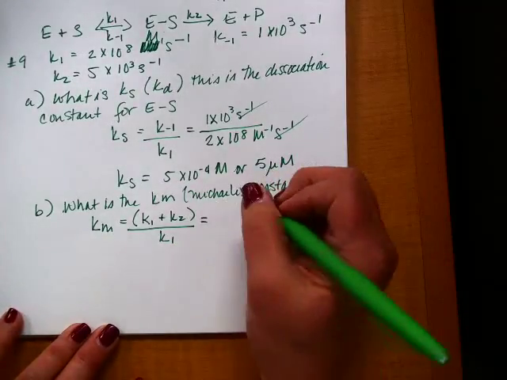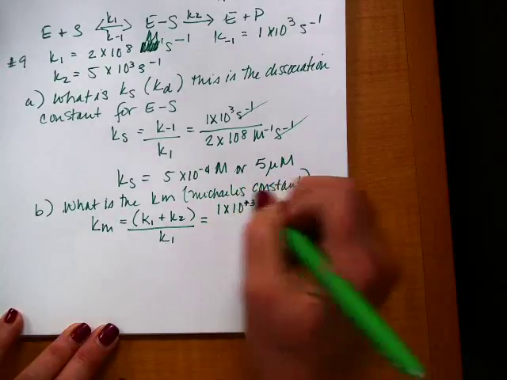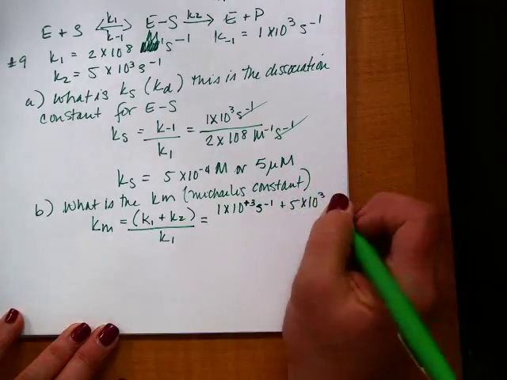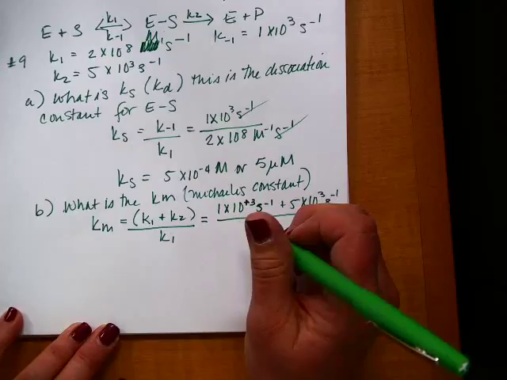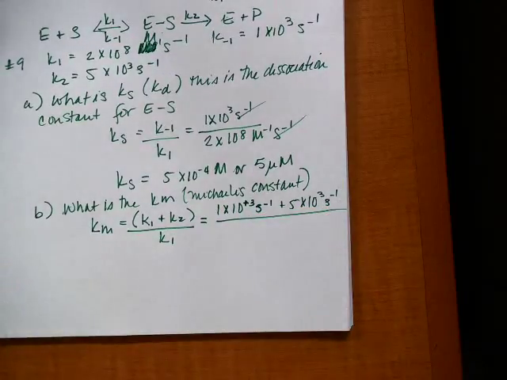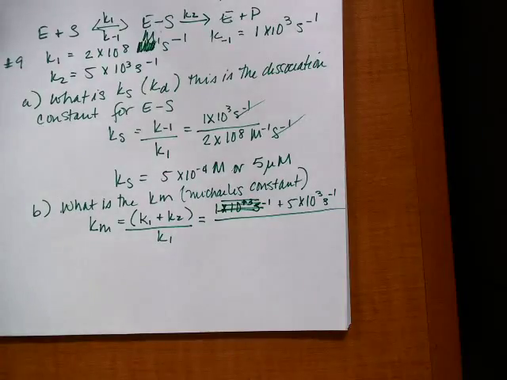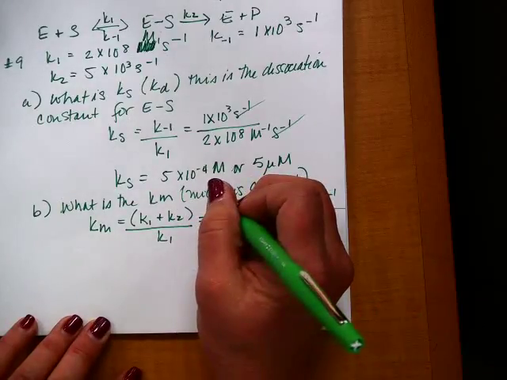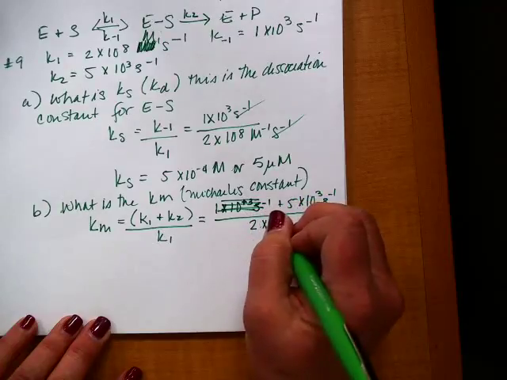So we were given all of these numbers. We have 1 times 10 to the third, s-1, plus 5 times 10 to the third, s-1, and that will all be divided by, yeah, it's the 2 times 10 to the 8th, I have the wrong number in there, sorry. I didn't use k1 in the top. Can someone calculate that for me?